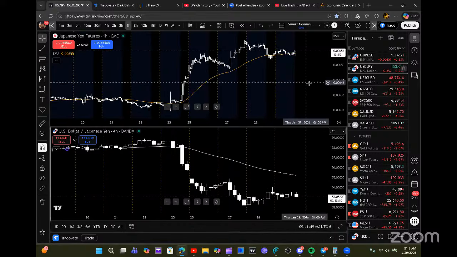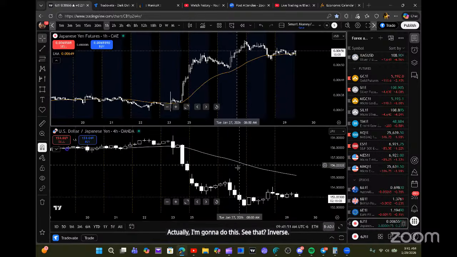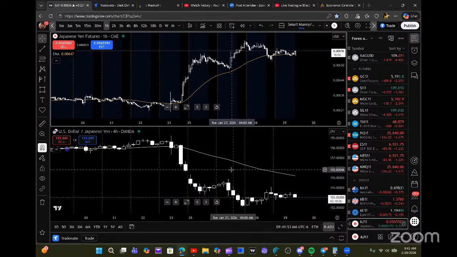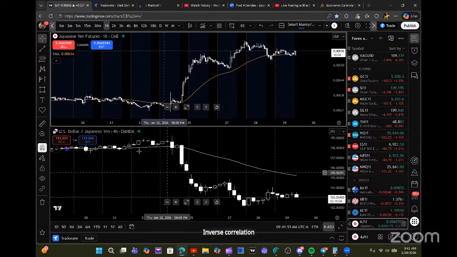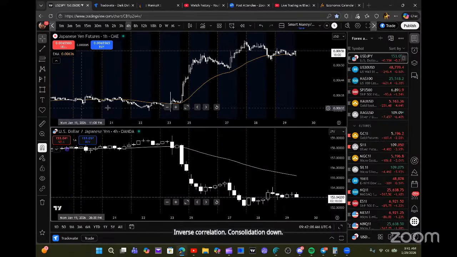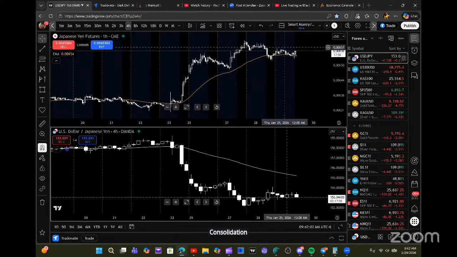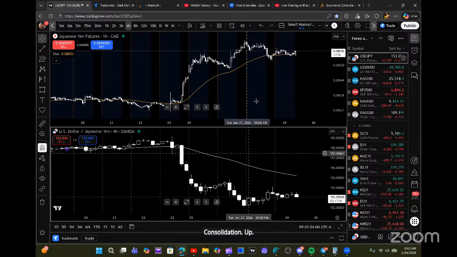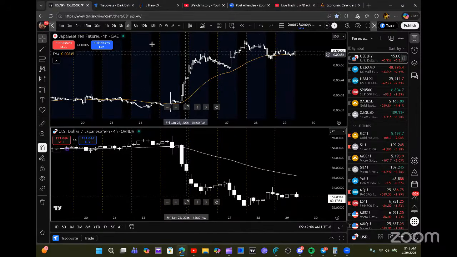See that? Inverse. Inverse correlation. Consolidation down. Consolidation up. All right. You can buy one, sell the other.